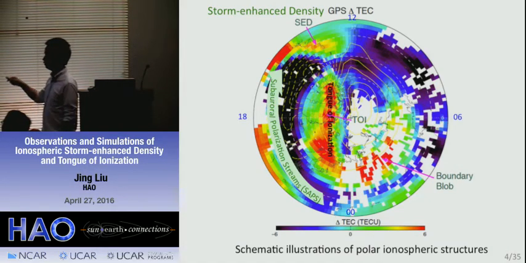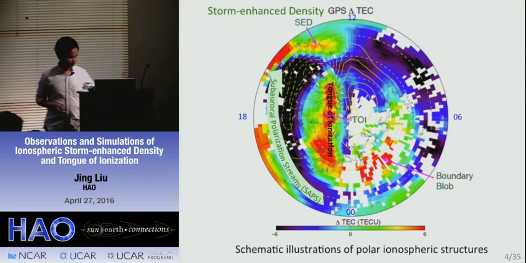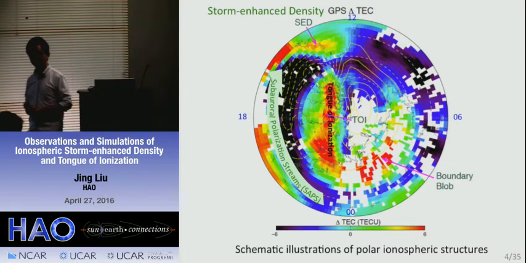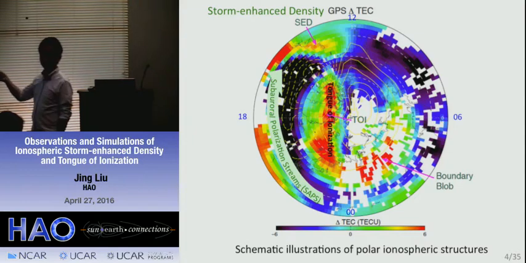All the polar figures shown in my talk follow the same format. So that's a very short moment of time, right? Yeah, just a snapshot. Over what is the integration time? Is it an instantaneous measurement on all positions? It is a GPS TEC.